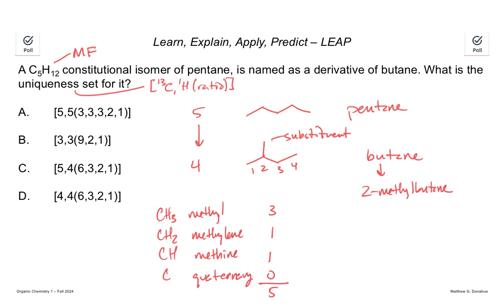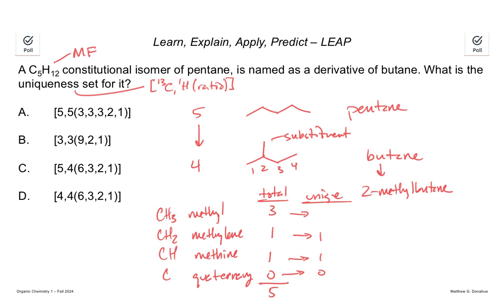Now we're going to run back through those numbers and see among those different types, are there uniqueness? So we'll say total, then we'll say unique. Anything that's 0 is going to stay 0. Anything that's 1 has to stay 1. Now we have 3 methyl groups.